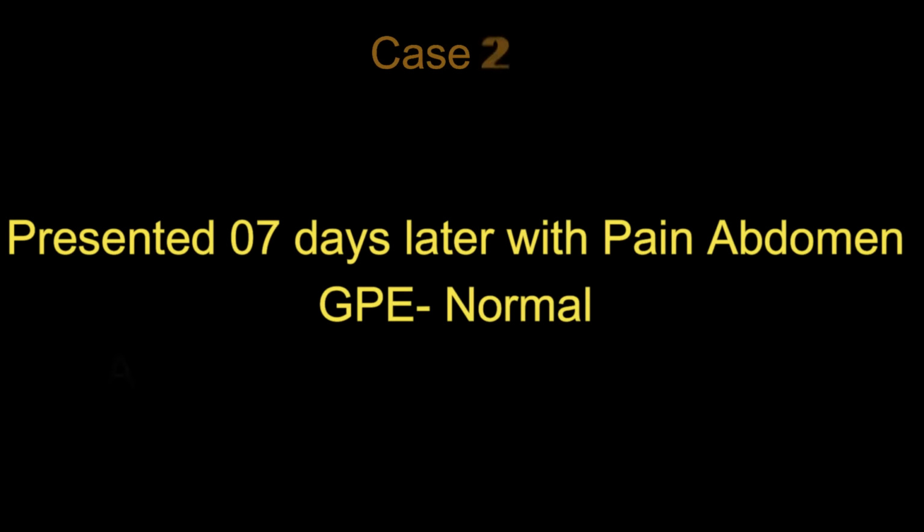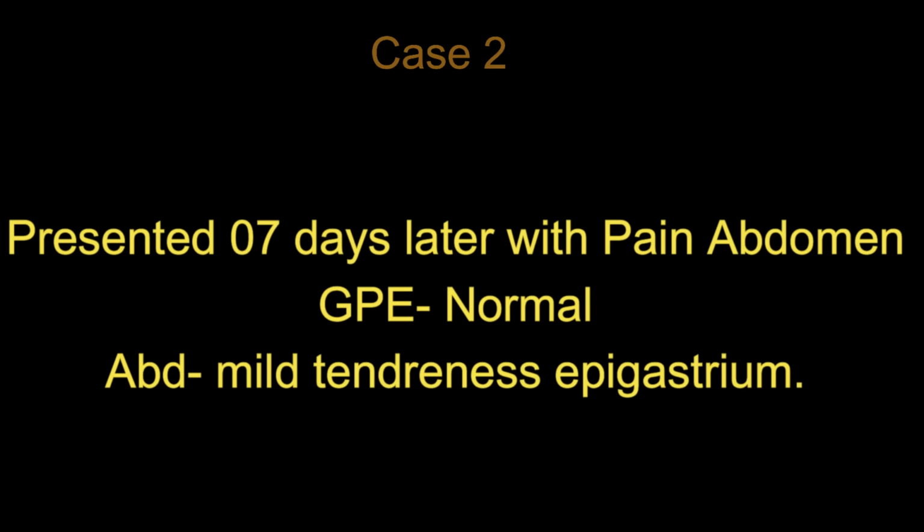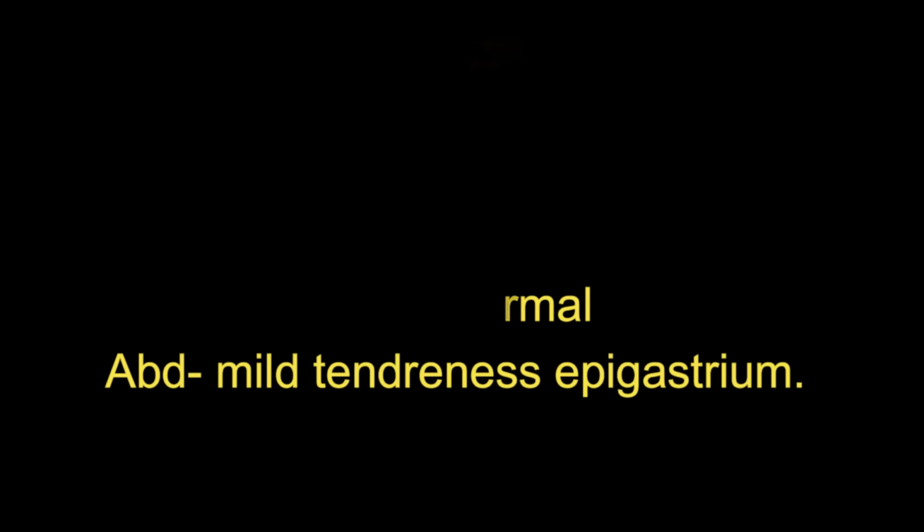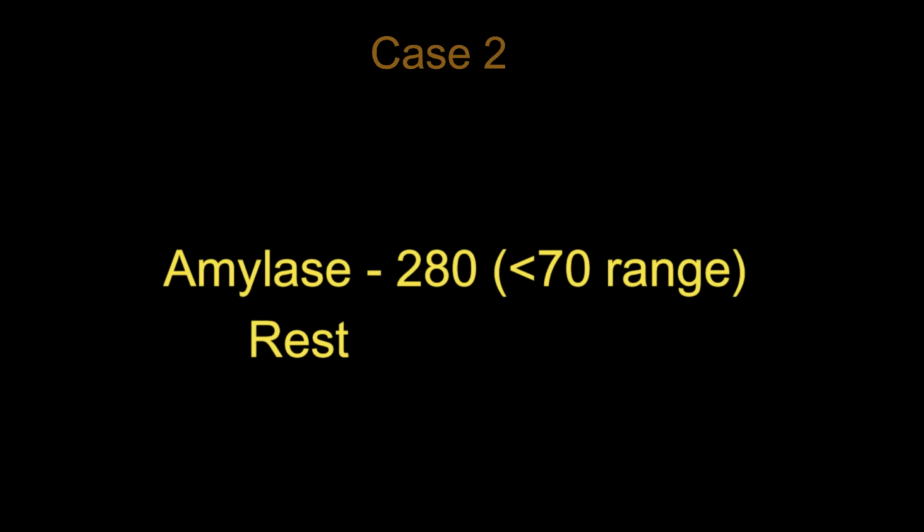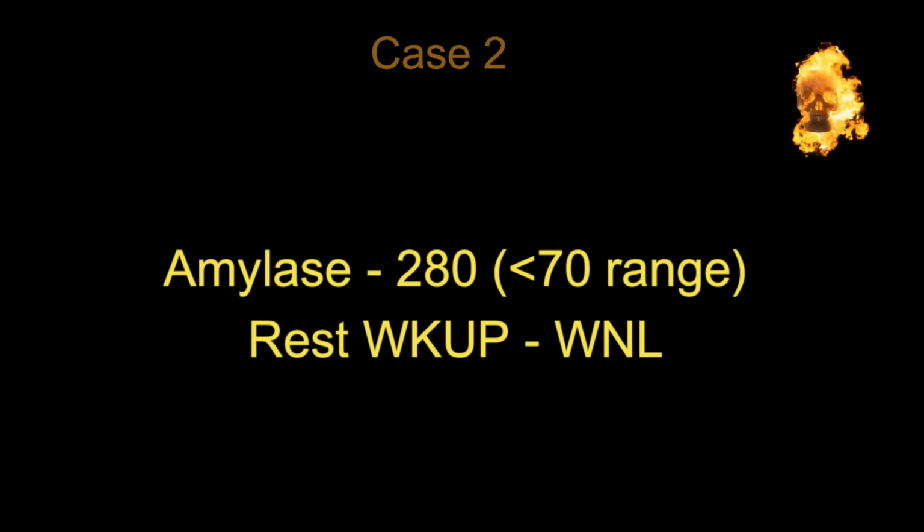His general physical examination was normal, and except for mild tenderness in the epigastrium, the abdominal examination was also normal. I have given this case scenario in my last video tutorial. Viewers can go back to that video for all the details.